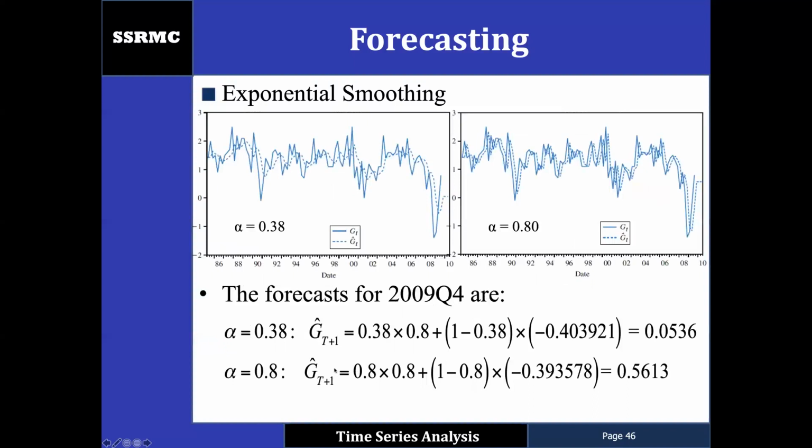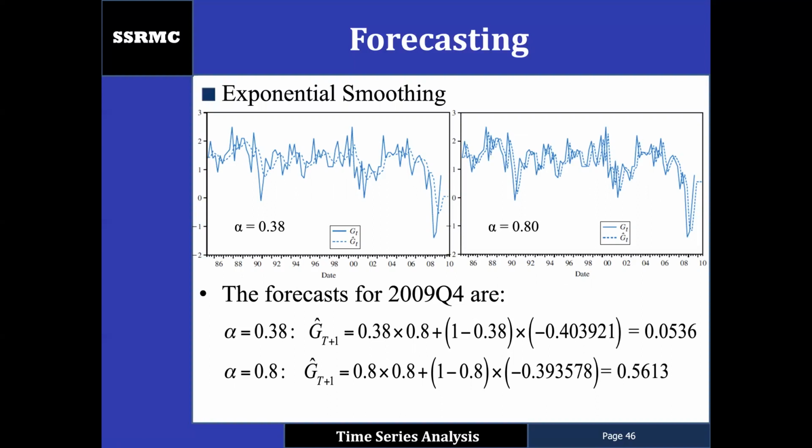On this slide, I use an example to show the effect of different smoothing parameters. On your left-hand side, the first diagram used an alpha of 0.38. That's the exponential smoothing forecast of GT.